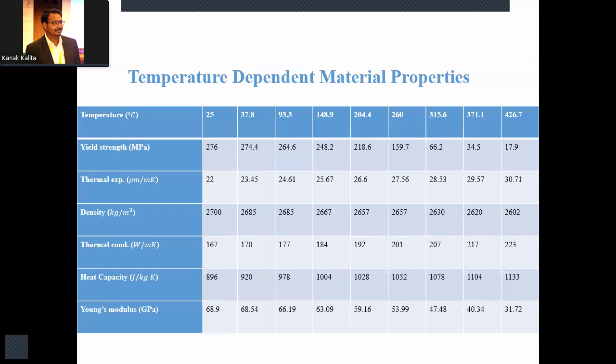So we need to specify at which particular temperature. For example, at room temperature, this is the yield strength, and as the temperature progresses, the yield strength will reduce. This is a standard kind of data that you can have for the material from the design data group. We have to give this also as input to the Abaqus program.